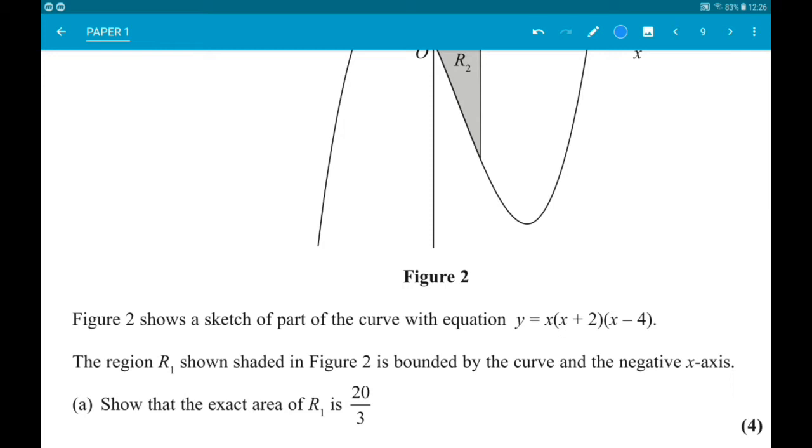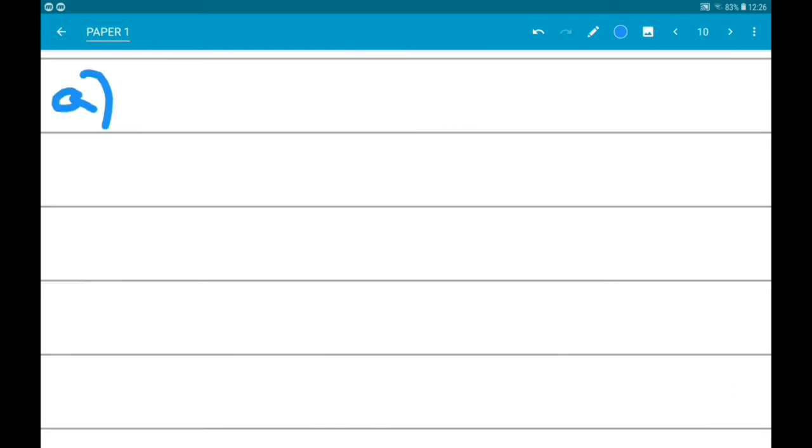Okay, so to do that, we need to integrate the curve. So, we need to expand the brackets. So, y is x times x add 2 times x minus 4.